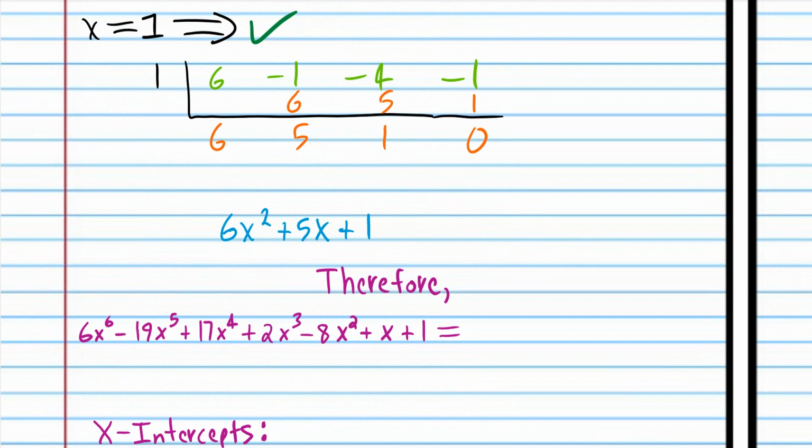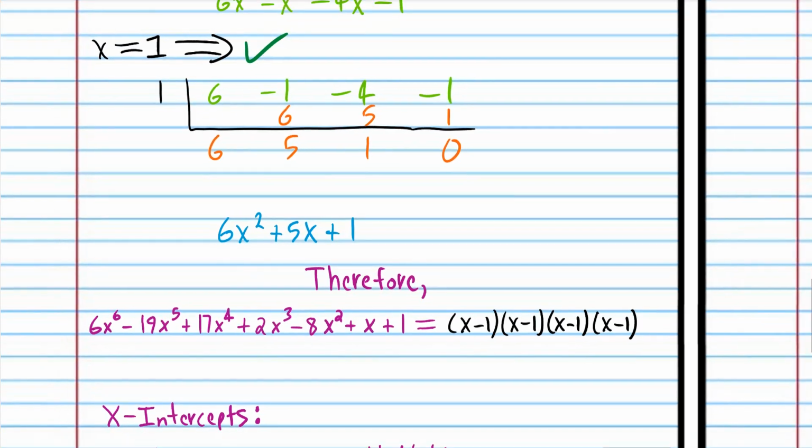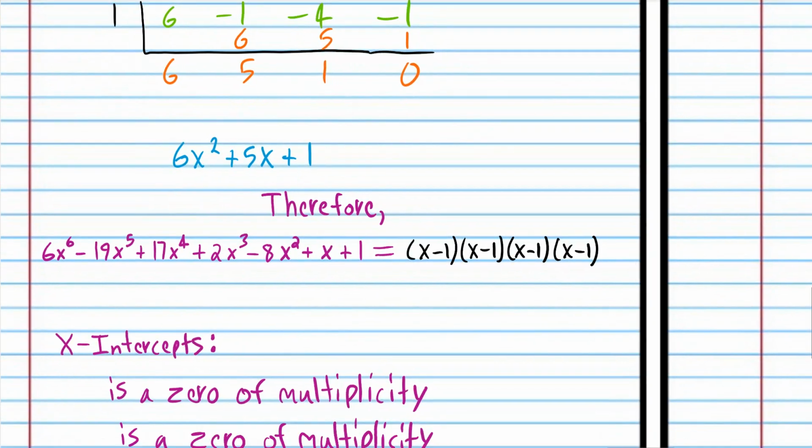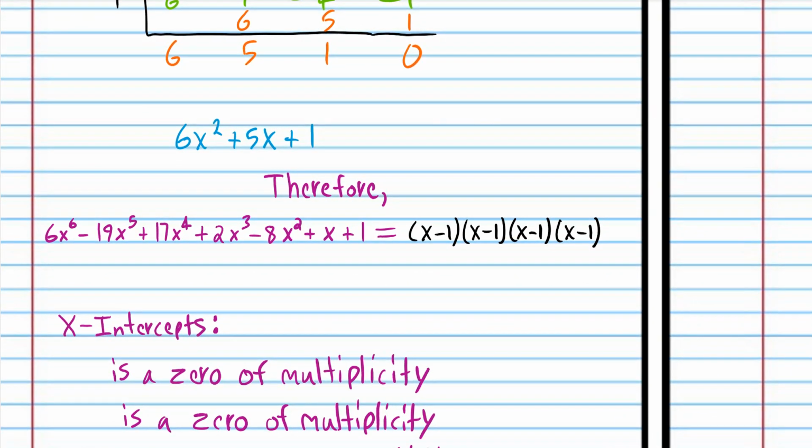So what this all means is that original polynomial that we had is equal to x minus 1, because positive 1 was a solution, or a 0. x minus 1 times x minus 1 times x minus 1 times x minus 1. We found that that was a root, or a 0, or an x-intercept that repeated 4 times.